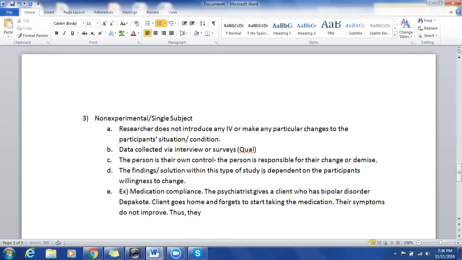Thus, they were responsible for their consistent situation. So within that, nothing was really introduced in particular. The psychiatrist was like, hey, here's some medications I think would be helpful for your particular disorder. Client goes home, doesn't really feel like taking them or forgets to start taking them, and thus their mental health doesn't improve.